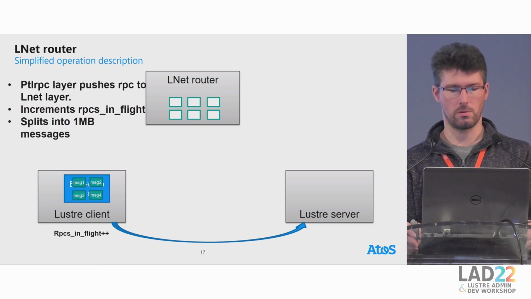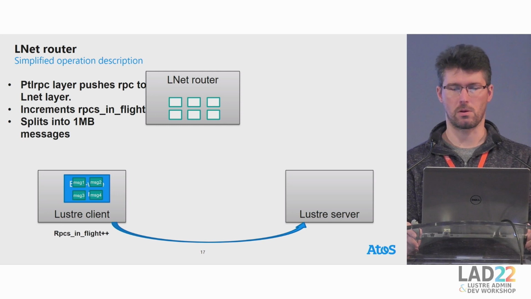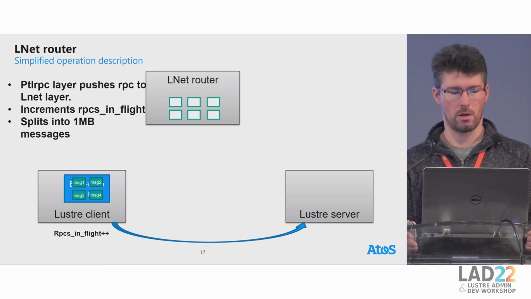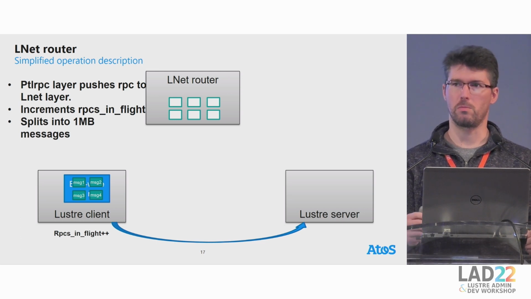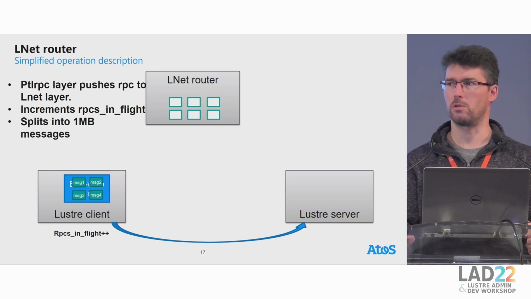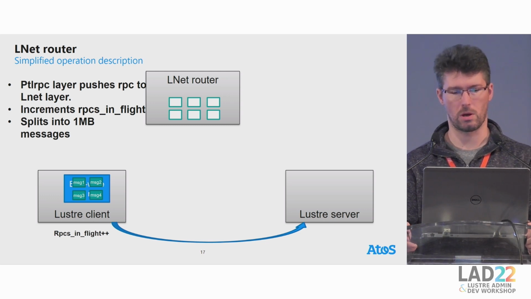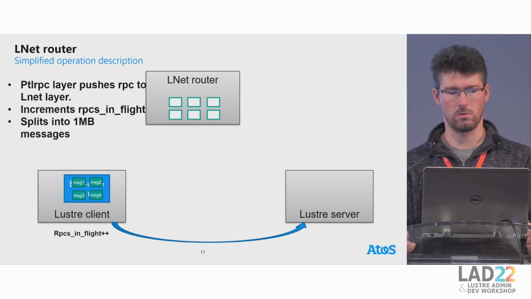So at first, the RPC is pushed to the LNet layer, which will handle what are called messages. The RPC in-flight counter will be incremented, so as to keep track of the number of RPCs that are sent to the target we are sending to.